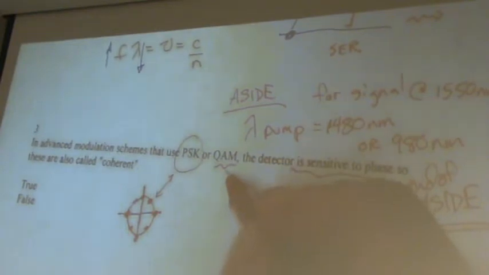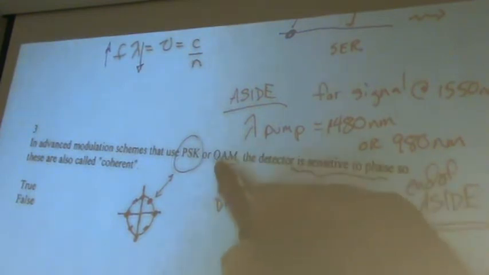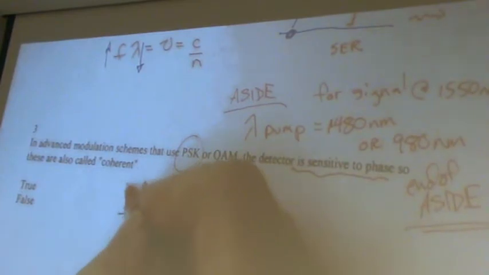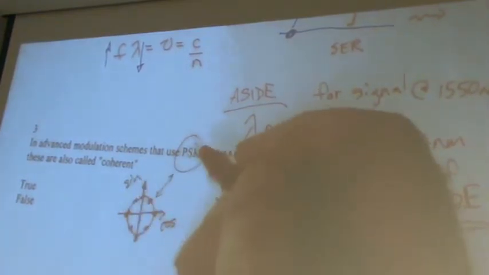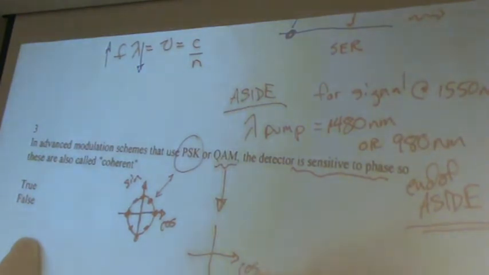QAM, bless you. It says AM in it, but the Q here stands for quadrature. And so it's also using this, I can think of the x-axis as cosine and the y-axis as sine. And so again, cosine and sine.